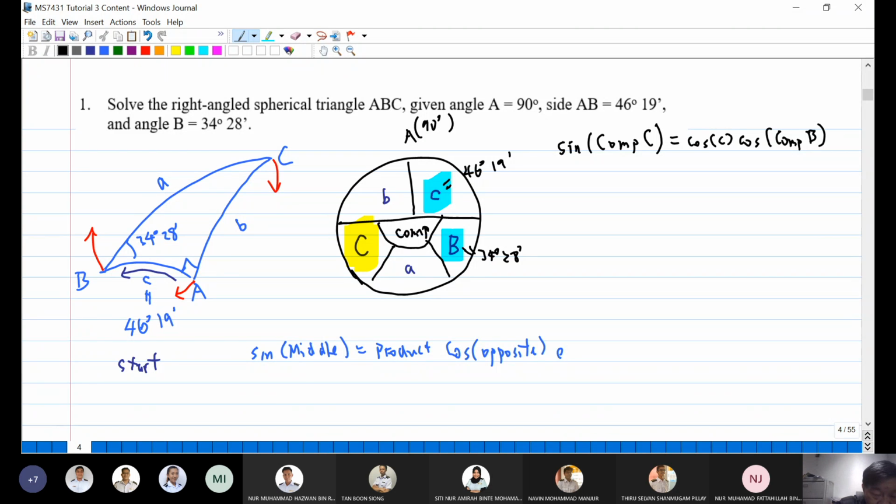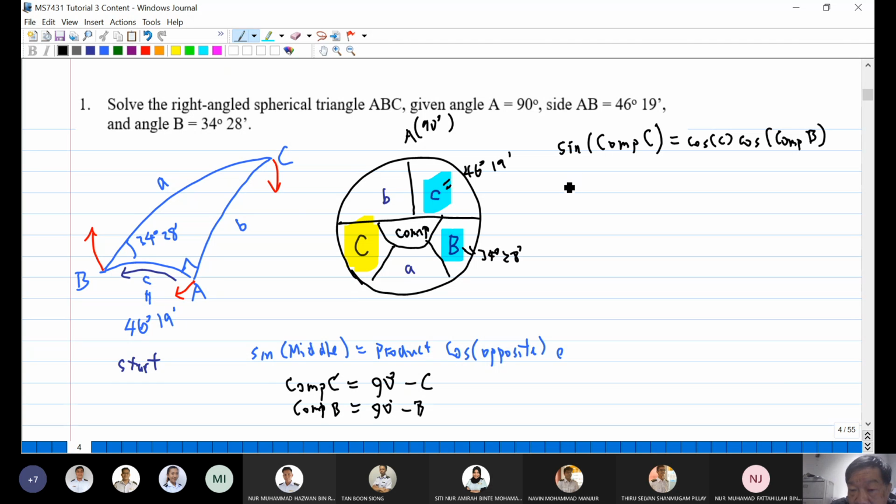Now what does it mean by co? Let's say co-C is what? Co-C means 90 degrees minus C. Co-B is 90 degrees minus B, right? It's a similar method here. So let's write down what this is now.